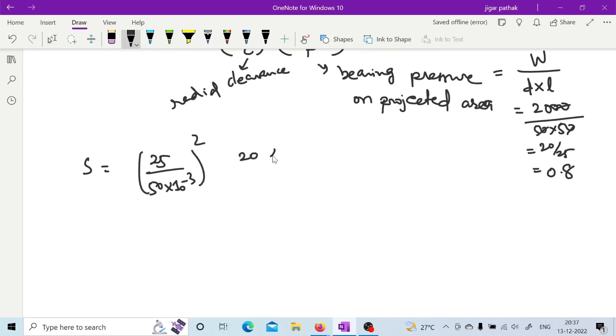So it is 20 into 10 raised to minus 3, divided by 0.8 into 10 raised to 6, because we are considering it in Pascal and it is 0.8 megapascal, right? 0.8 Newton per meter square is 0.8 megapascal. So as we are considering it in Pascal, it will be 0.8 into 10 raised to 6. So once you simplify this, you will get 0.125.